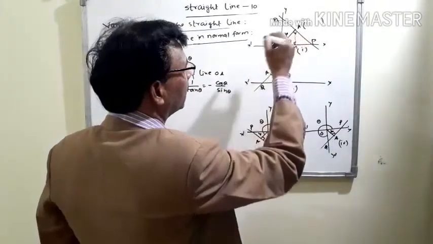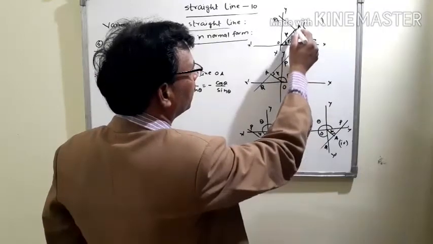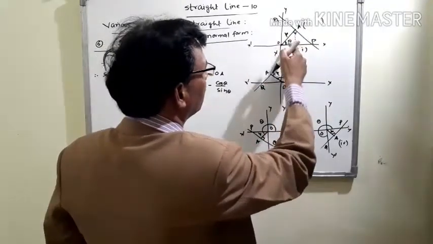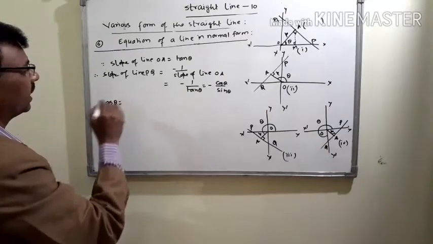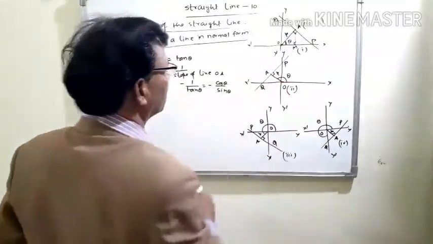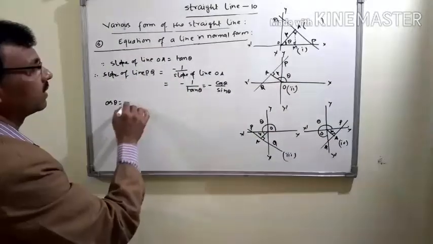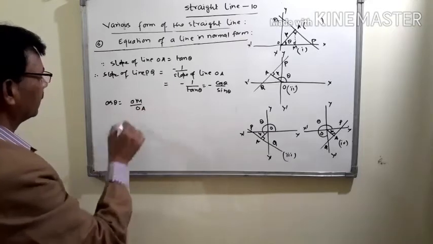Now, if we want to find the coordinates of point A in every situation, since this angle is theta and this is the hypotenuse of triangle OMA, cos theta is equal to base upon hypotenuse. Base means OM upon OA.